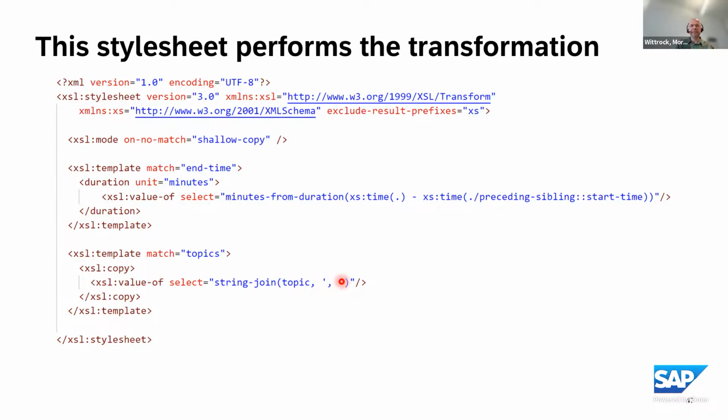So flattening those child elements into a single string. Everything else in this case goes directly to the output because of this on-no-match attribute here, that basically says anything that's not matched by a template will go directly to the output.